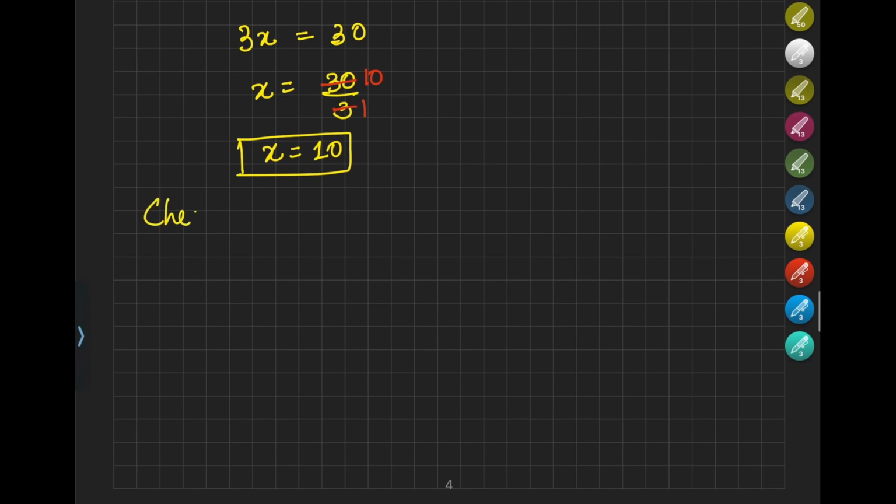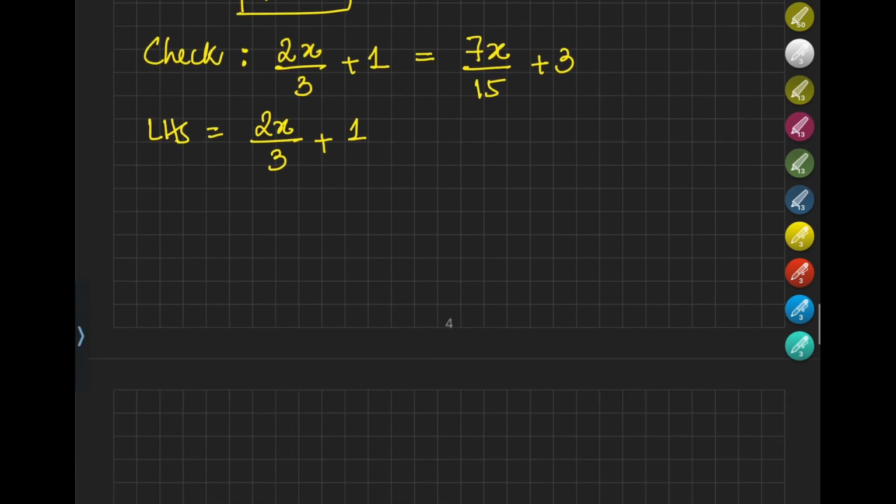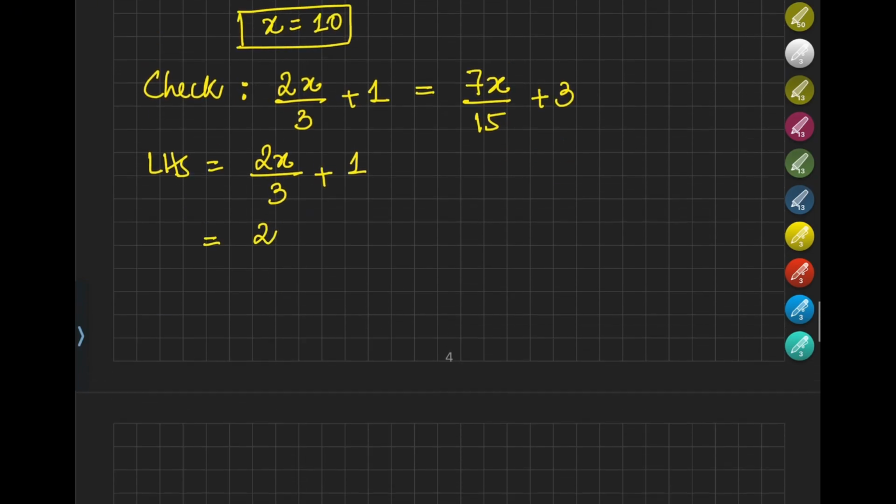Now let's check. The equation was 2x/3 + 1 = 7x/15 + 3. So in the left hand side we have 2x/3 + 1. In place of x, let us put the value: 2 times 10 by 3 plus 1.